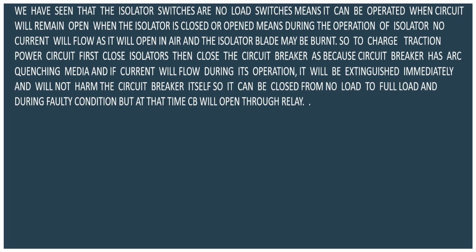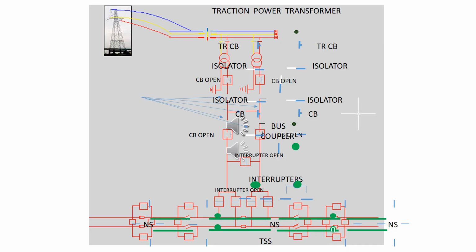So it can be closed from no load to full load and during faulty condition, but during faulty condition the circuit breaker will open through the relay. Every electrical system needs at least power supply, earthing, insulation, sectioning and load.